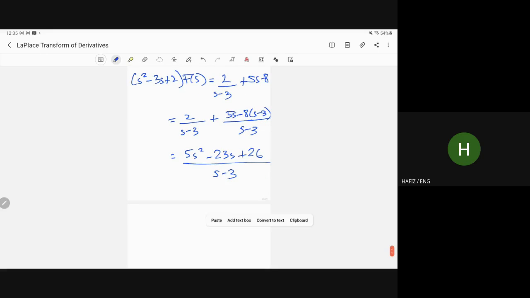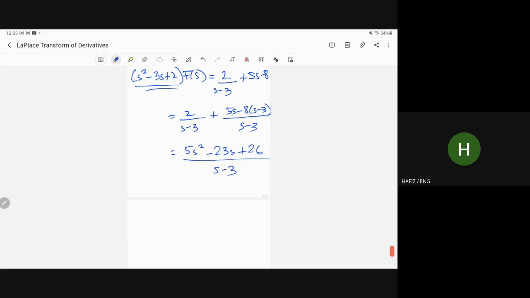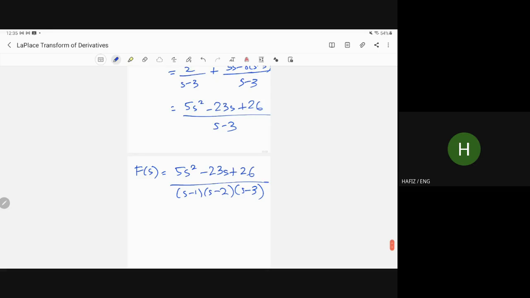And then this one you can factorize further and bring to the other side. You will get F(s) equals to 5s squared minus 23s plus 26, and that is s minus 1, s minus 2, s minus 3. There you go.